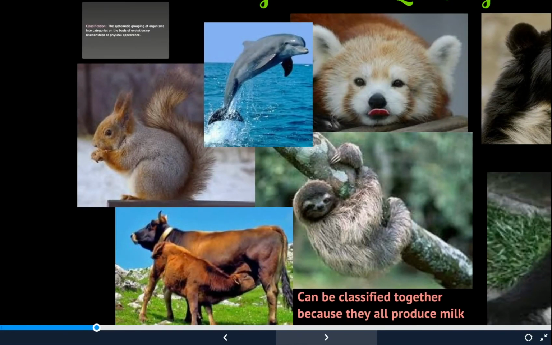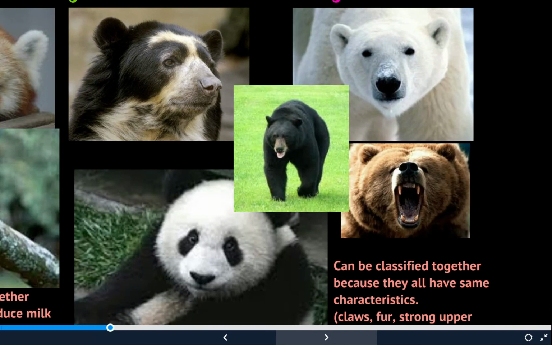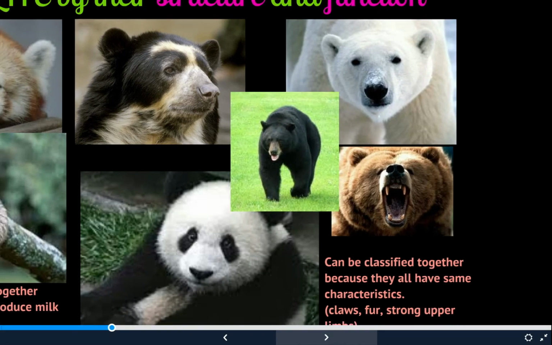Mammals can all be classified together because they all produce milk, are warm-blooded, give live birth, and have hair. They can further be classified into things like bears. Bears are mammals, but all bears are classified together because they have claws, fur, strong upper limbs.